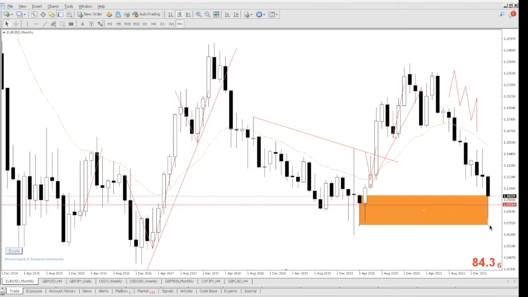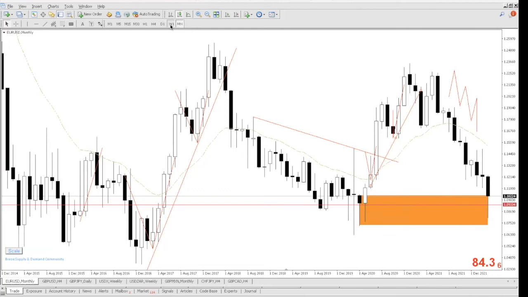If anyone remembers, I'm not sure if it was session number 2, when I said Euro USD had reached what we call a monthly demand. Meaning when it tests this area, because of the loss of demand and supply, it's expected to go up.